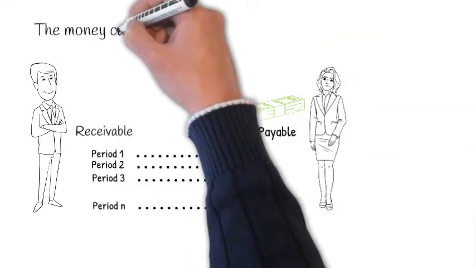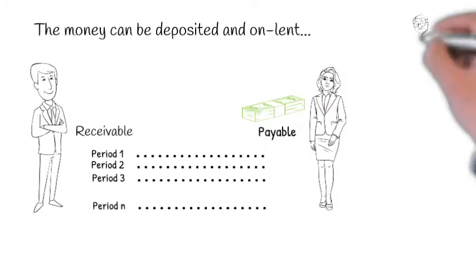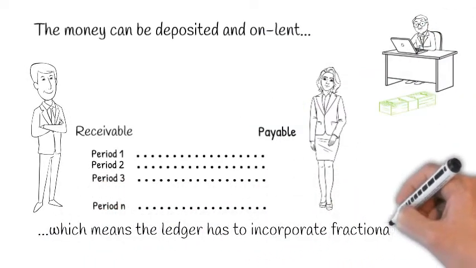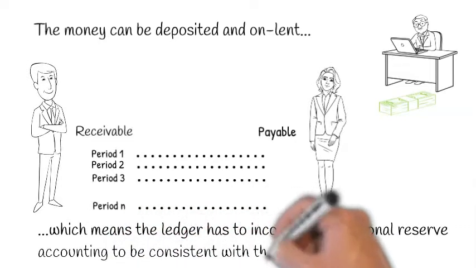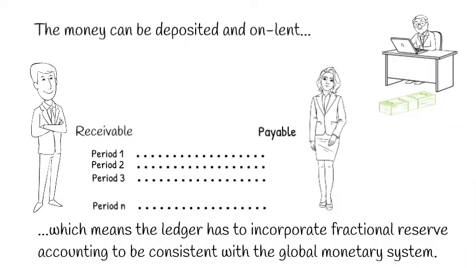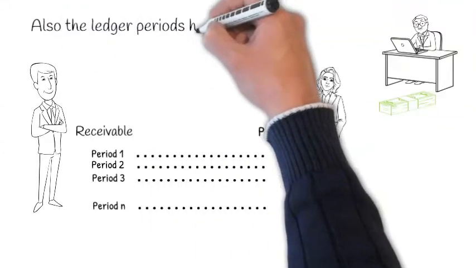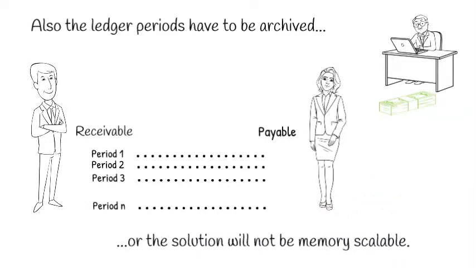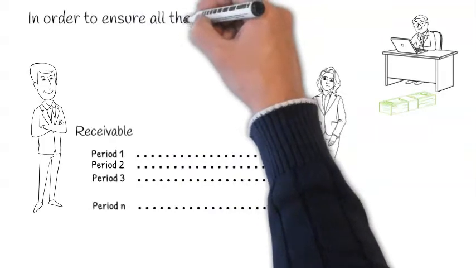After the loan is made, that money can then be deposited and on lent to somebody else. And this means the ledger has to incorporate fractional reserve accounting to be consistent with the global monetary system of commercial banks. Also, the ledger periods and their transactions have to be archived, or the solution will not be memory scalable. The memory will just keep getting bigger and bigger.